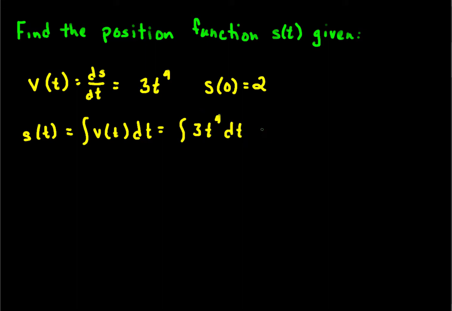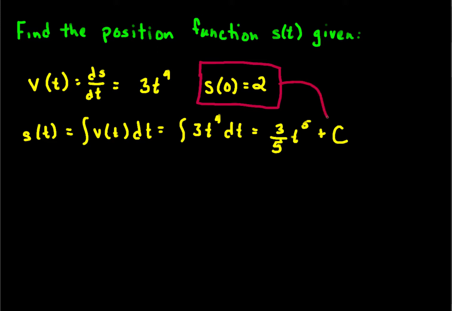And our power rule says that this is equal to 3/5 t to the fifth plus some constant. And the fact that we know that the position of the particle is 2 when t is 0 will allow us to determine what exactly that constant is.